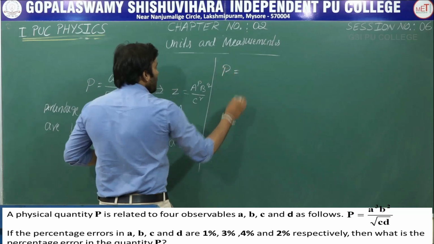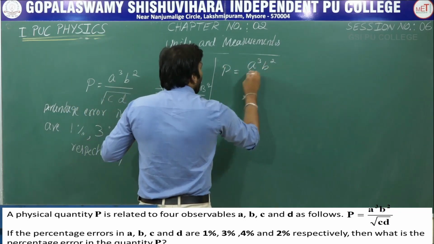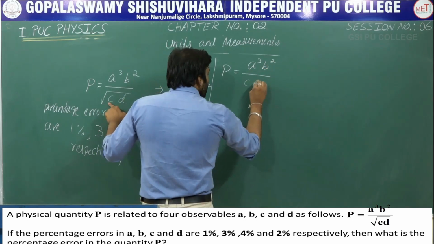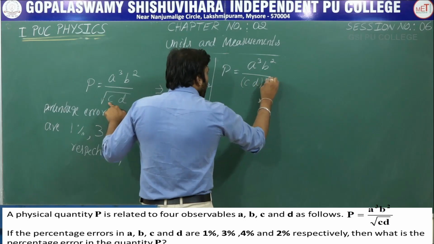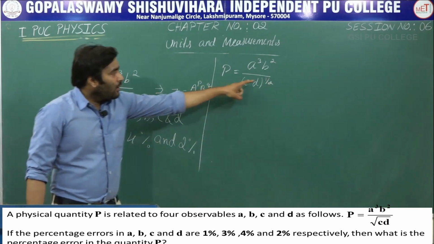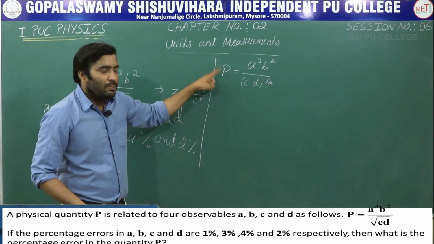P equal to A cube B square divided by root of CD is written as CD to the power of 1 by 2. Square root is nothing but power 1 by 2.